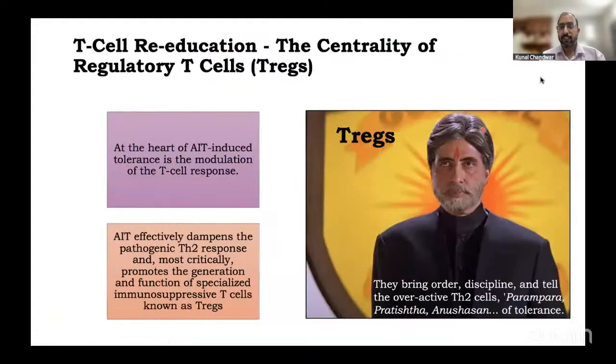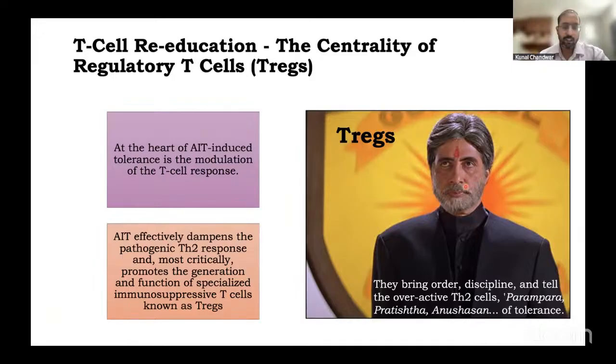So what is your T cell? T cell education, or the centrality of T regulatory cells, is very important because T regulatory cells are at the heart of, they're the most important cells involved in allergen immunotherapy. And to give you a better example, the T regulatory cells are like the main principal of your college, and they are there to ensure that discipline is regained.